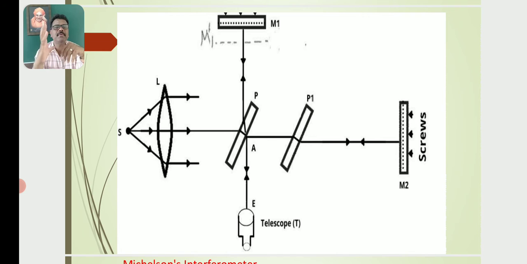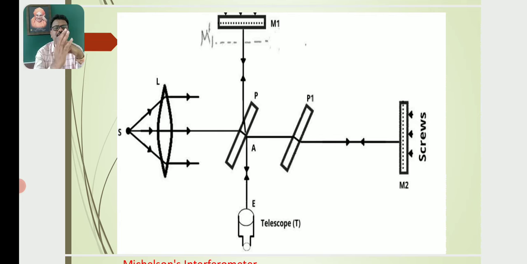So the diverging beam of light from the monochromatic source S is made to pass through a convex lens L. Then after passing through the convex lens L, we get a parallel beam of light.